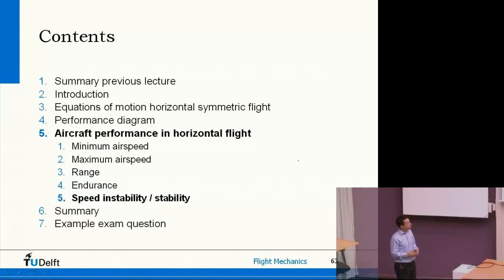So that means if the pilot doesn't do anything, it will suddenly start to accelerate or decelerate. On the other hand, there are also certain airspeeds at which the aircraft is in fact stable. So the pilot could go and drink a cup of coffee, read a magazine, and the airspeed would simply remain constant forever. So this phenomenon is just one final thing I'd like to discuss when we talk about horizontal flight.